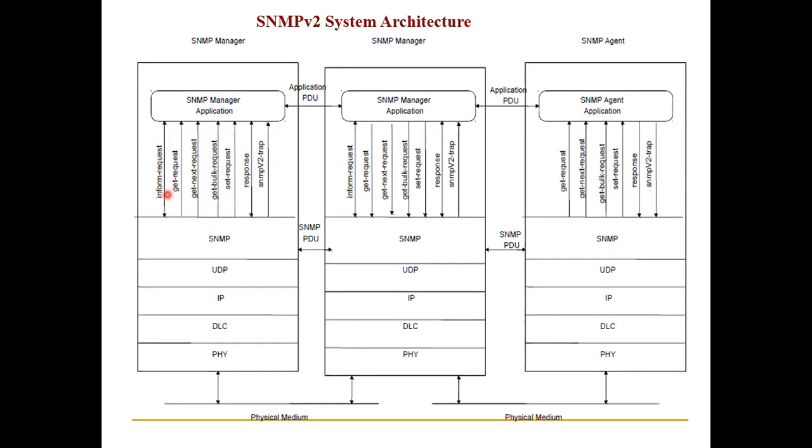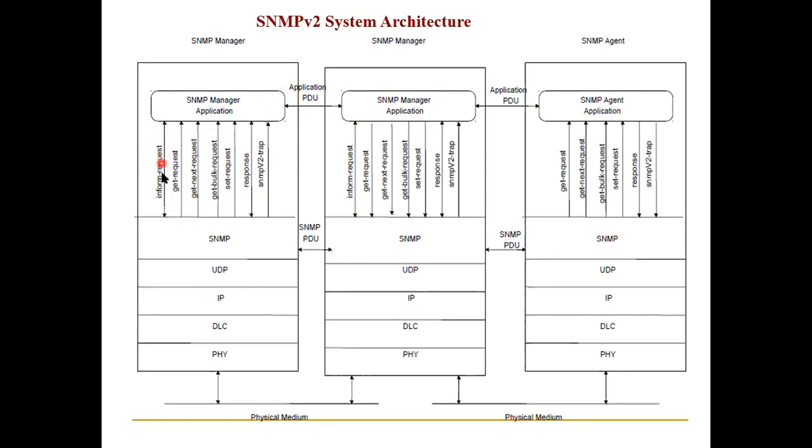Now we have one more command that is called inform request. Okay, so see here, since I have 2 managers, these 2 managers need to communicate with each other. At that time, I don't require the agent to participate. So when a manager is communicating with another manager, he will use this inform request.